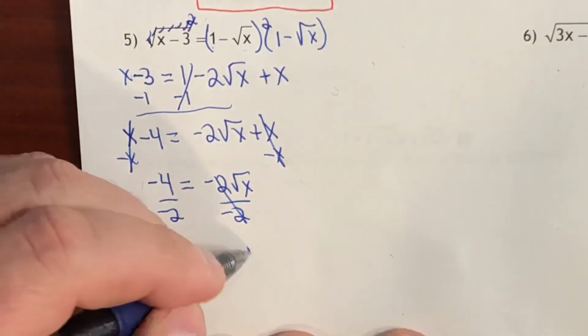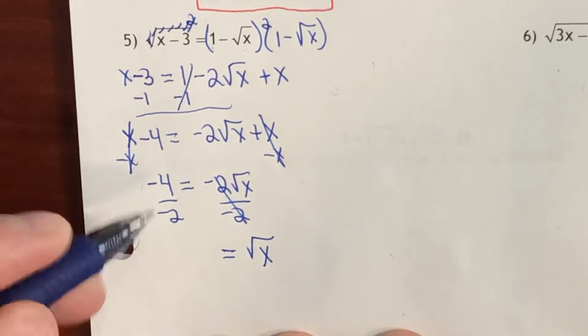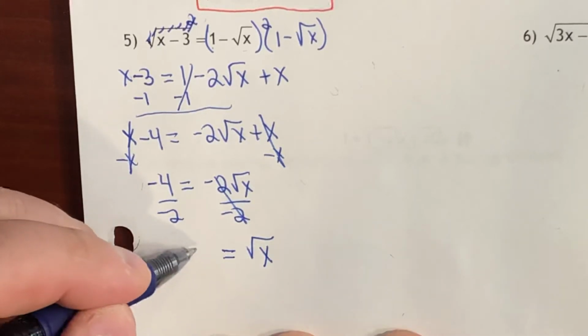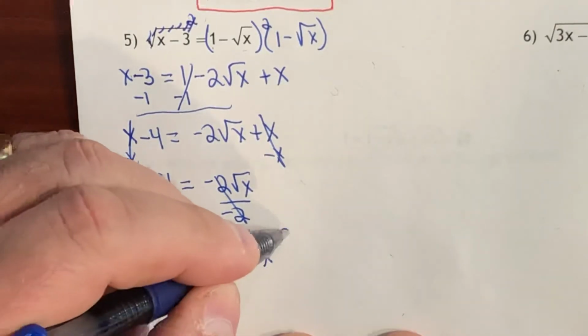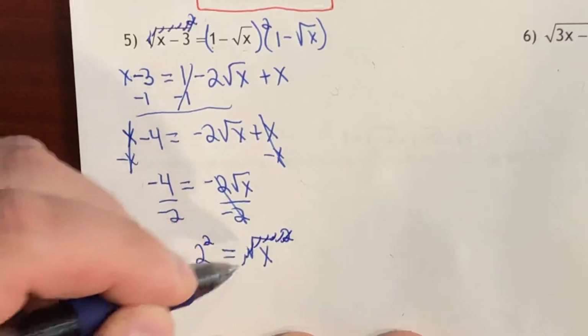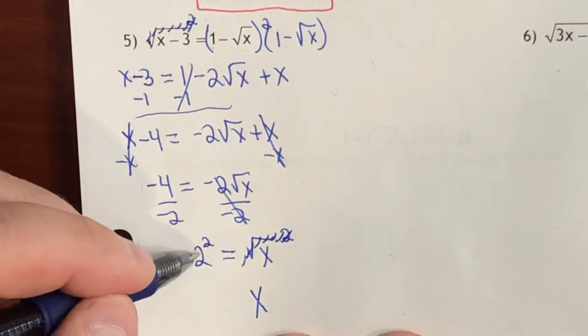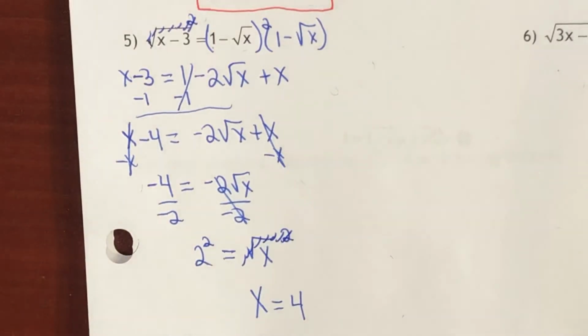So finally we've got the square root of x by itself equals negative 4 divided by negative 2, which is a positive 2. Square both sides to get rid of that square root symbol, and so x is now by itself, and 2 squared is 4. So x equals 4.